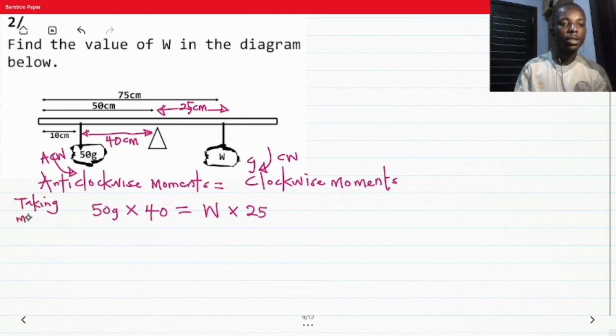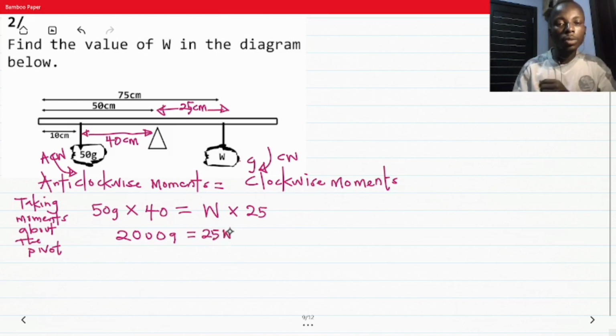So here we have 50 times 40, 2000 grams, equals to 25W. So I can divide both sides.